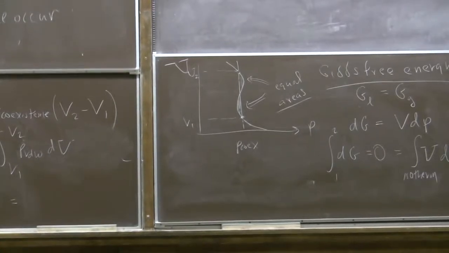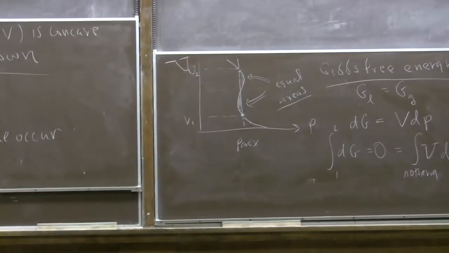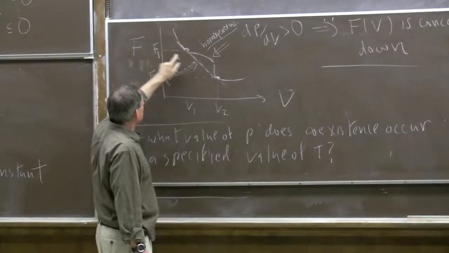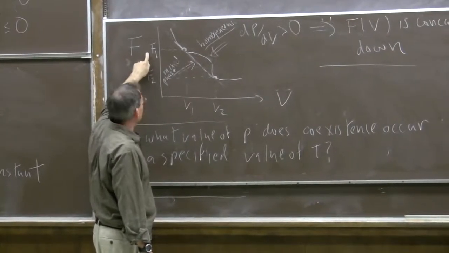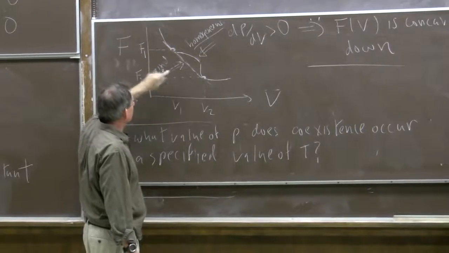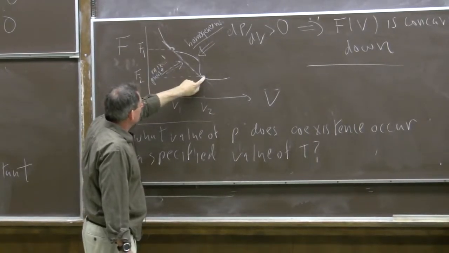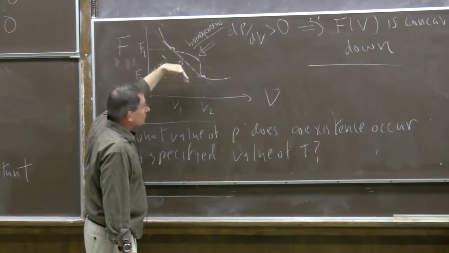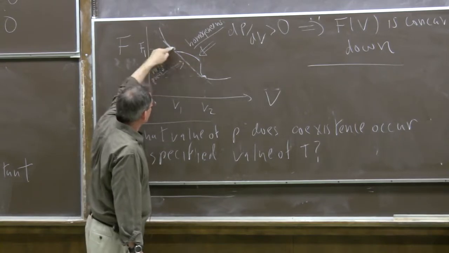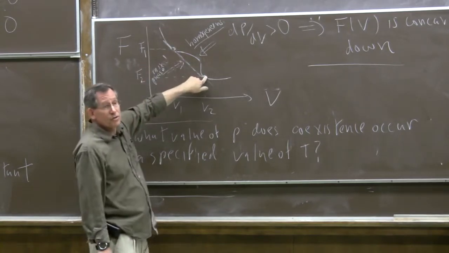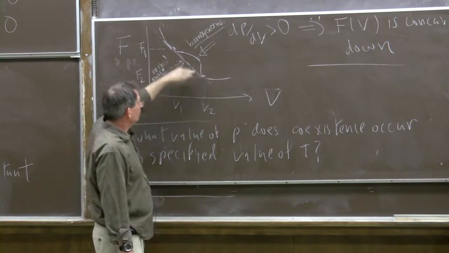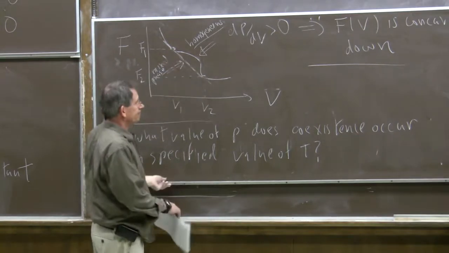And here, for each value of the volume, we try to choose the mixed phase which gives the lowest possible value of the Helmholtz free energy, and we can do that by drawing this lowest possible curve, which is tangent to the Helmholtz free energy along the isotherm at 2 points.